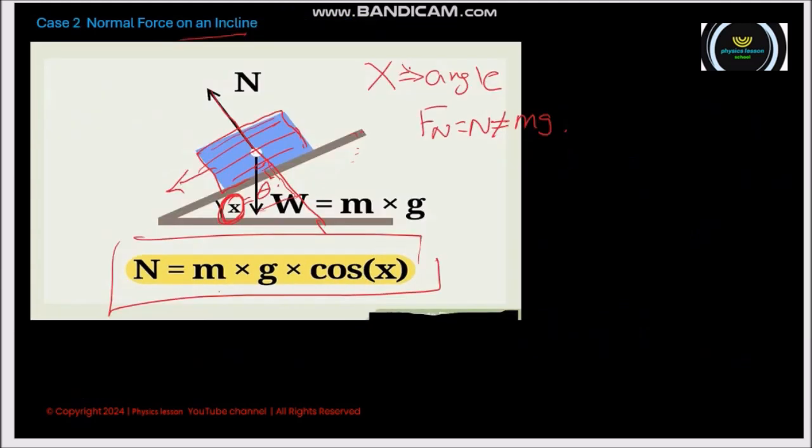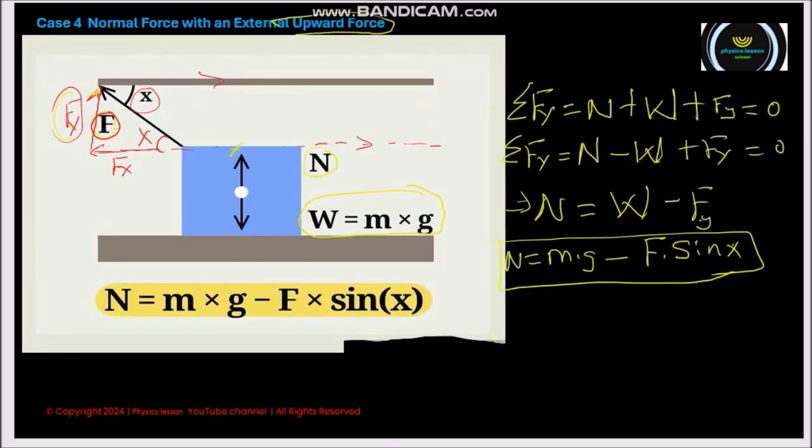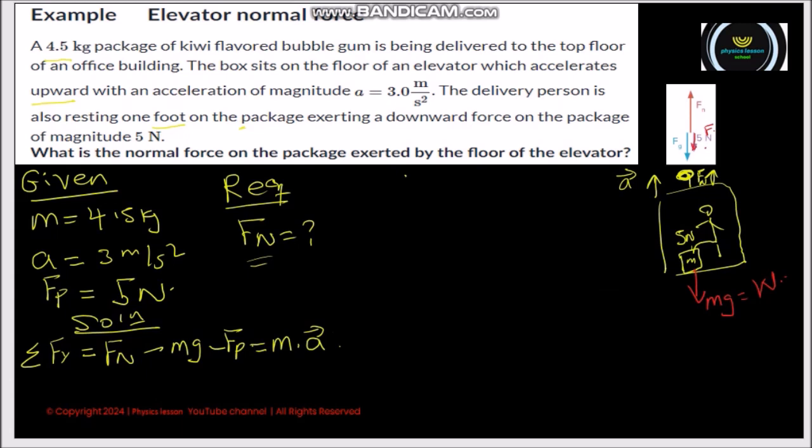Here again it's at rest, so we don't have any net force, but in our case it accelerates.